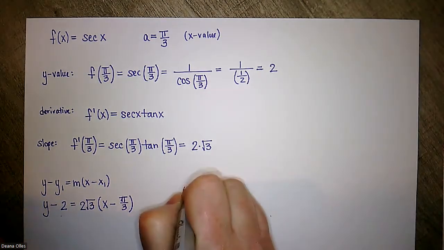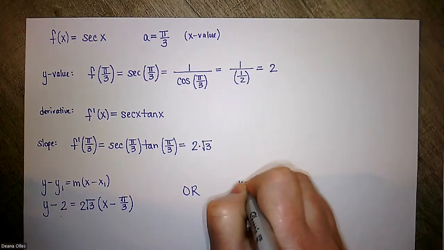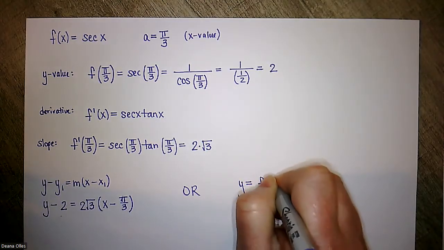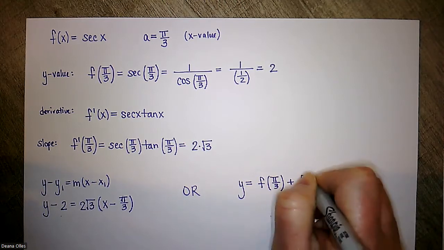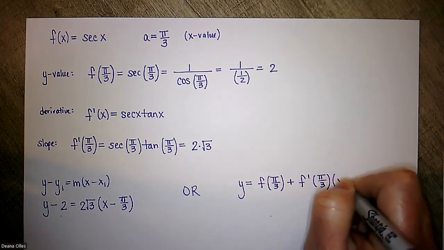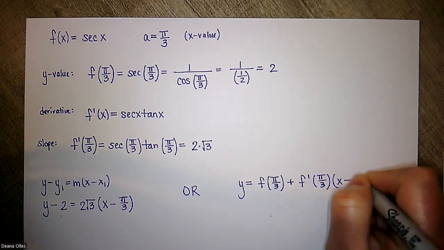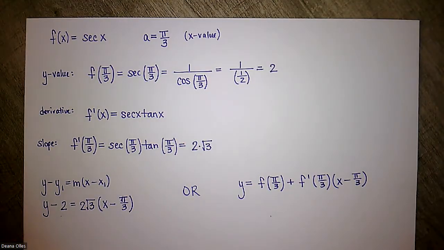Or now we can use our new linearization formula, which, guess what, won't look very much different. The linearization formula is when we put a in instead of x1, and we move some things around. Just a reminder, I'm going to pull that first sheet back up real quick.